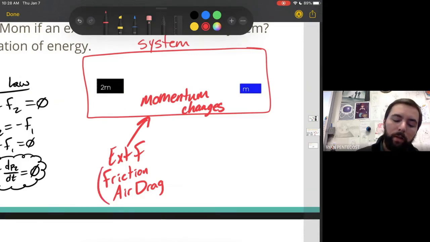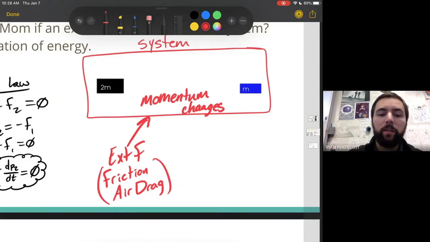So if there's an external force acting on a system, you can not only lose momentum, you can also lose energy. The two conservation ideas we've done so far are both affected by some external force.